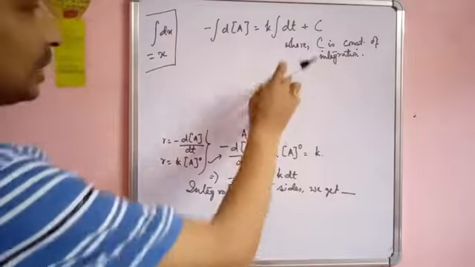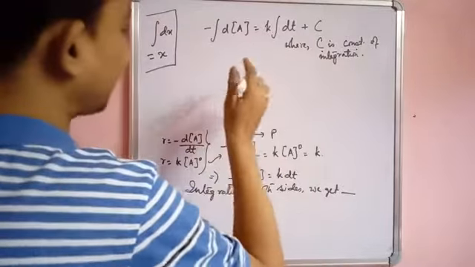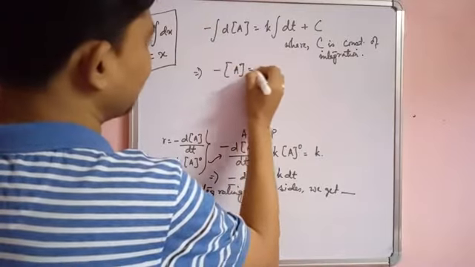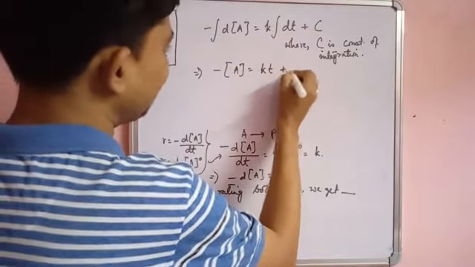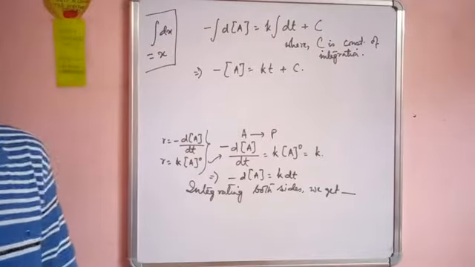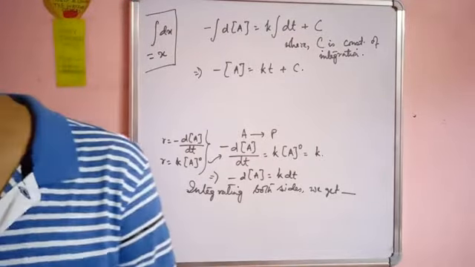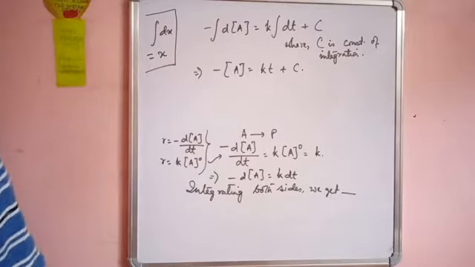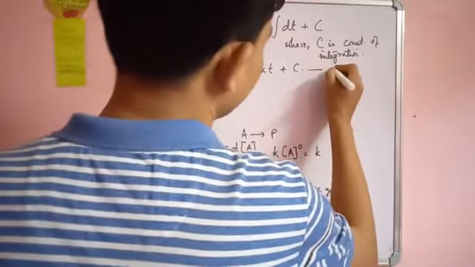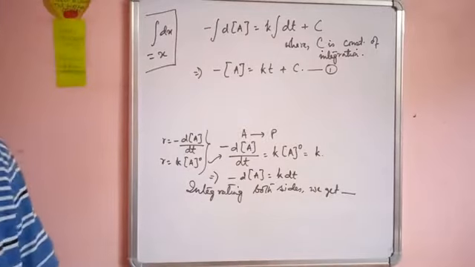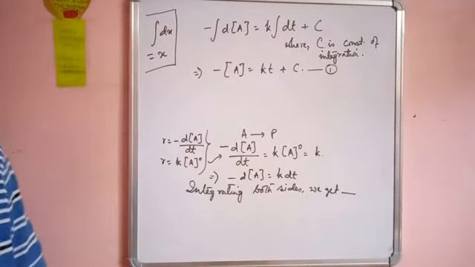So we can write minus [A] is equal to kt plus c. Let us call this equation 1.